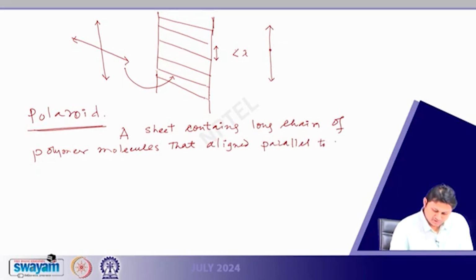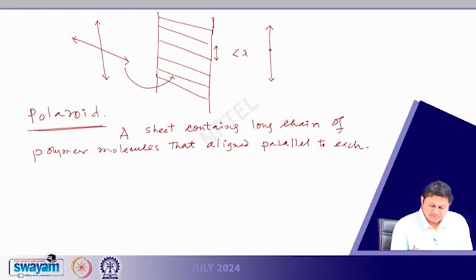Polaroid is a sheet where these polymer molecules are aligned parallel to each other, and the light component parallel to the alignment of the polymer chain gets absorbed in the same way that we discussed, and the perpendicular component will be transmitted.